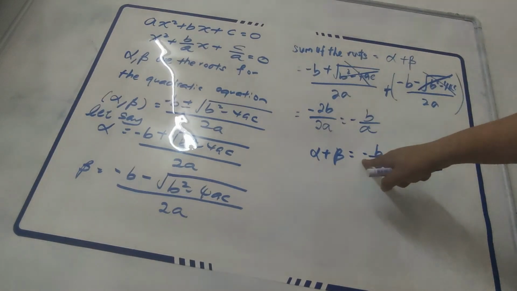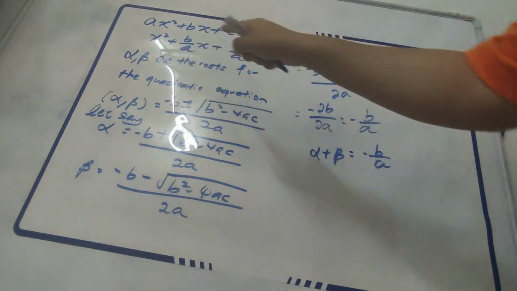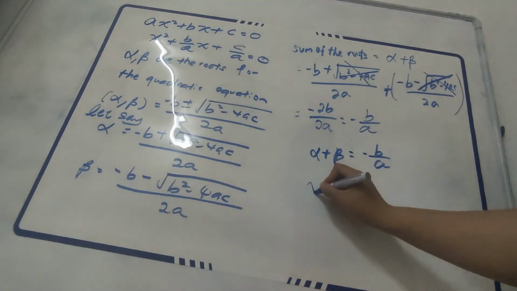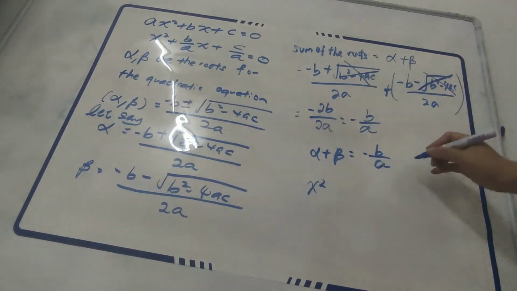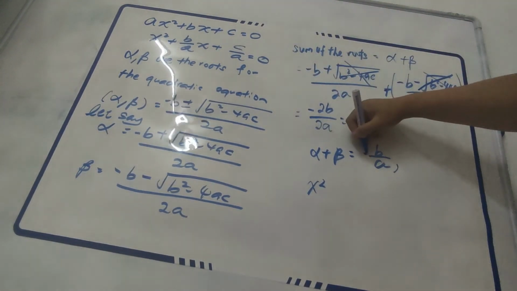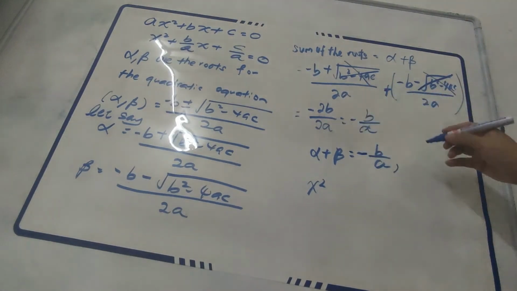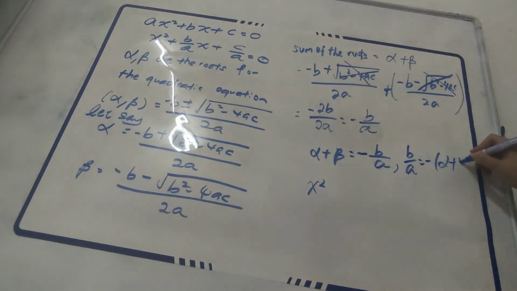So if you want, let's say here minus b over a is the coefficient of x in x squared plus b over a x, because it's plus, so positive. If you want to change it to positive, your b over a should equal minus alpha plus beta.